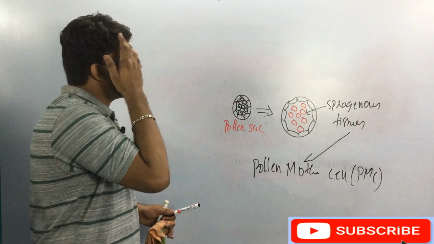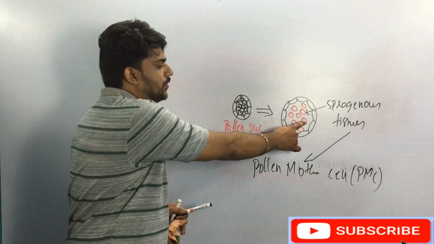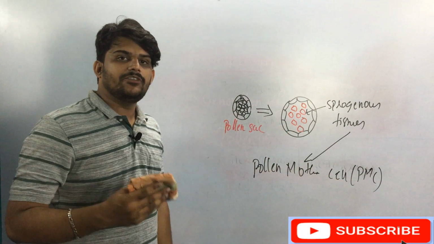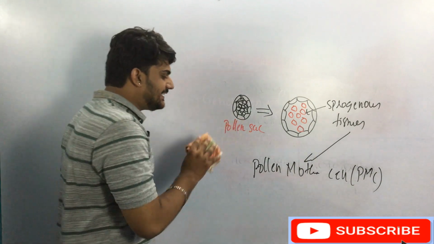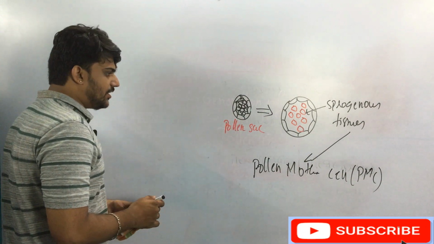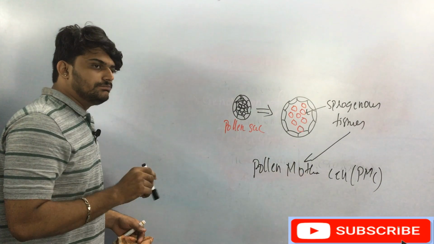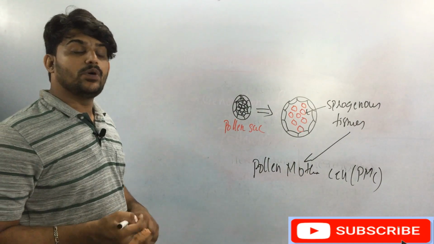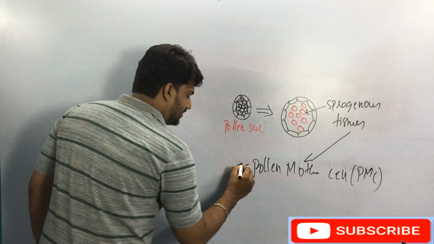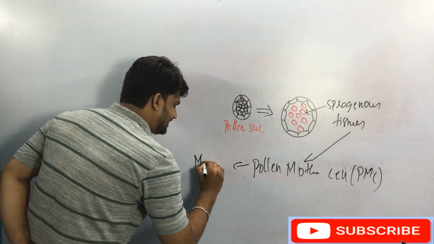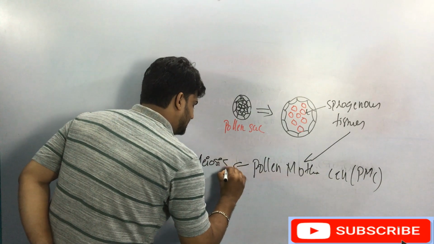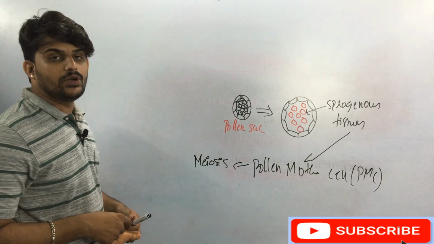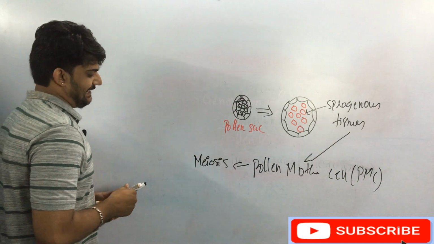This sporogenous tissue now acts as a pollen mother cell and undergoes the process of meiosis, that is, it divides meiotically, to produce the spore tetrads.